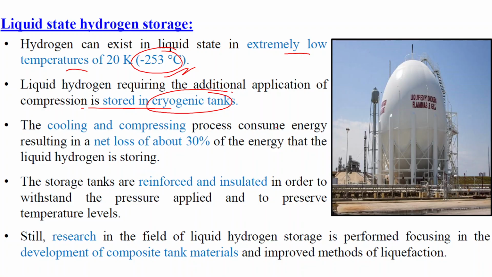The cooling and compressing process consumes energy, resulting in a net loss of about 30% of the energy that the liquid hydrogen is storing. The storage tanks are reinforced and insulated in order to withstand the pressure applied and to preserve temperature levels. Still, research in the field of liquid hydrogen storage is performed, focusing on the development of composite tank materials and improved methods of liquefaction. Okay.